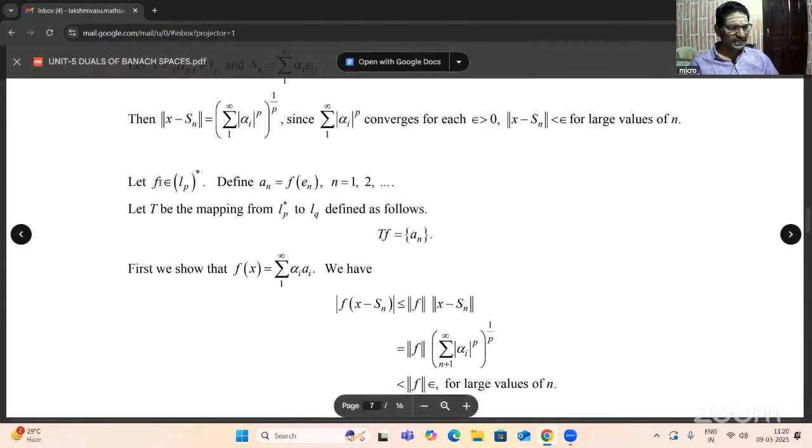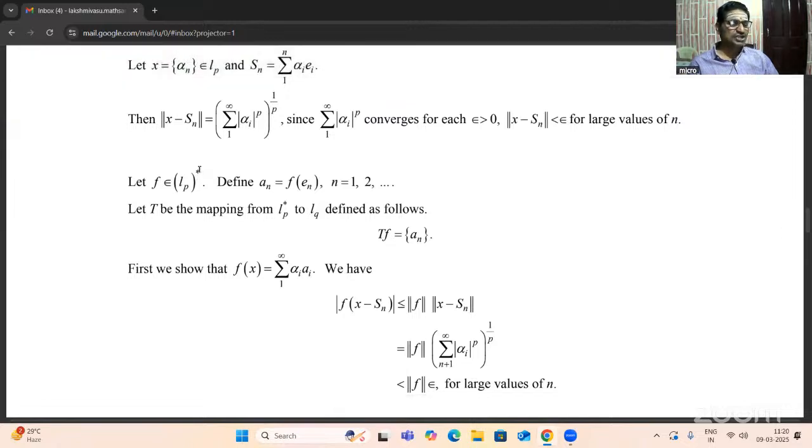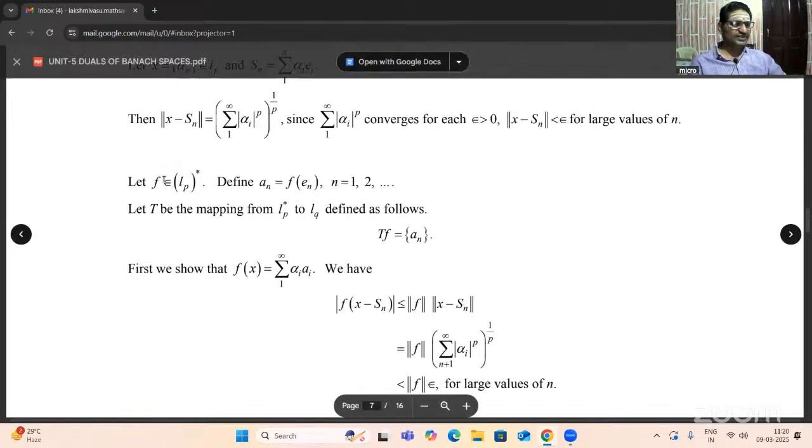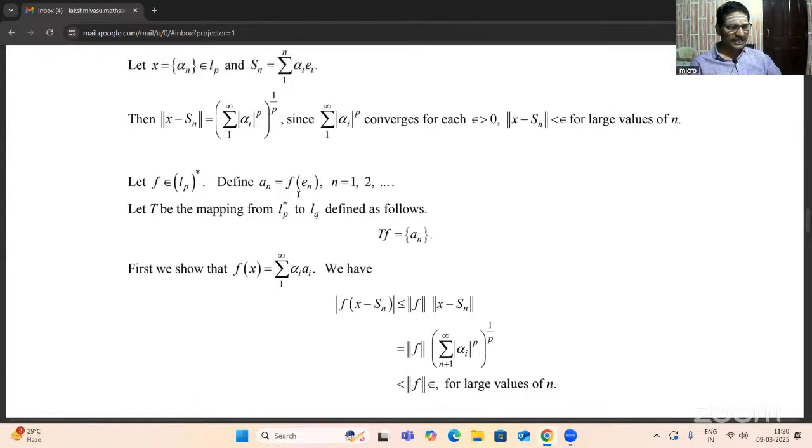So we are taking a linear functional on the conjugate of LP. The dual of LP, say one of the linear functionals is f. So that can also be written as an equals, what is an? an equals f of en. Here for n equal to 1, a1 equals f of e1, for n equal to 2, a2 equals f of e2.